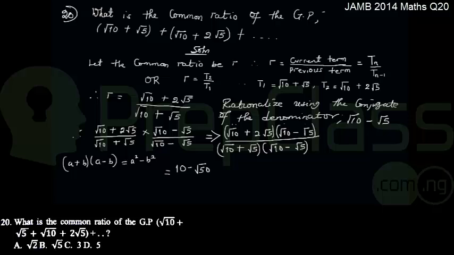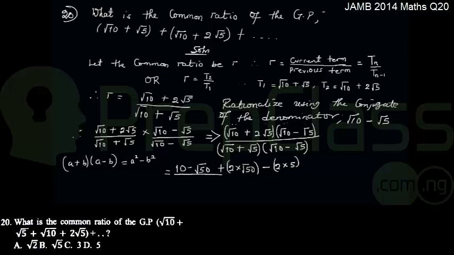Now 2 root 5 times root 10 will be plus 2 root 50. Now 2 root 5 times minus root 5: plus times minus gives me minus, so minus 2, and root 5 times root 5 gives me 5.